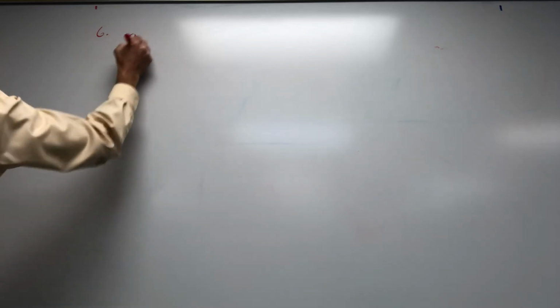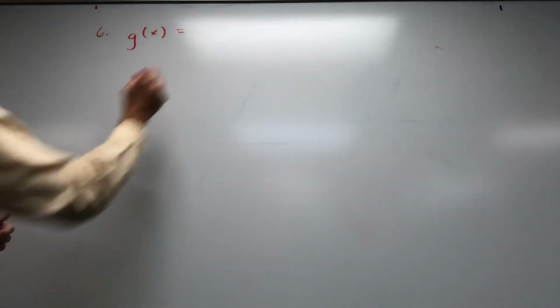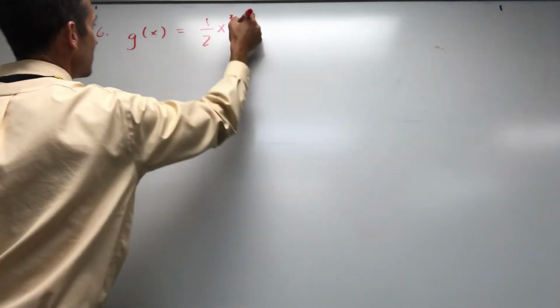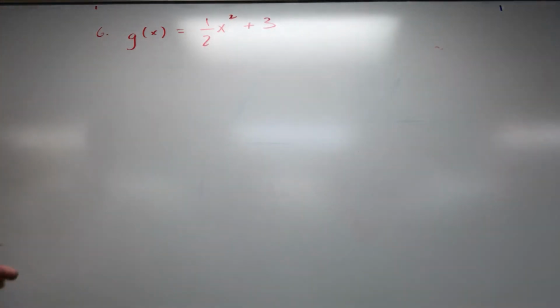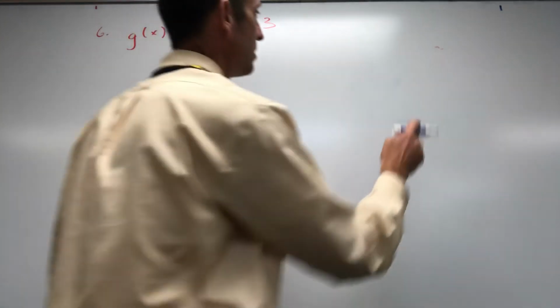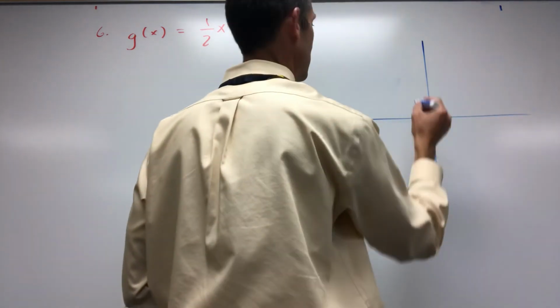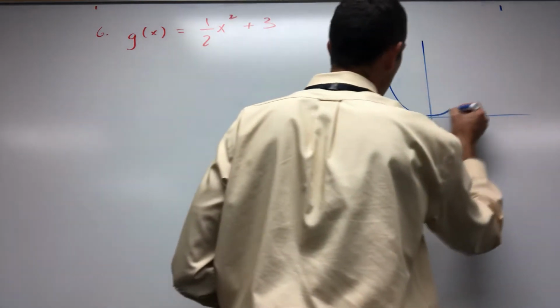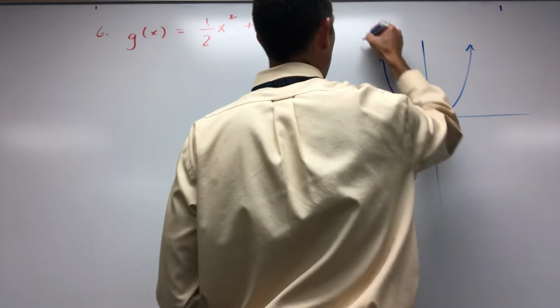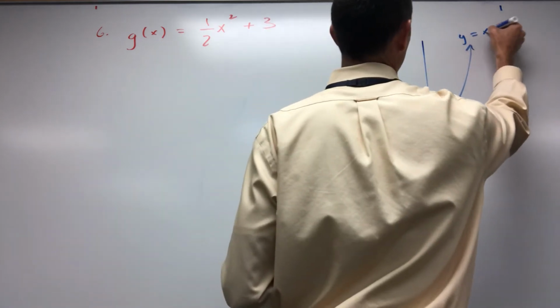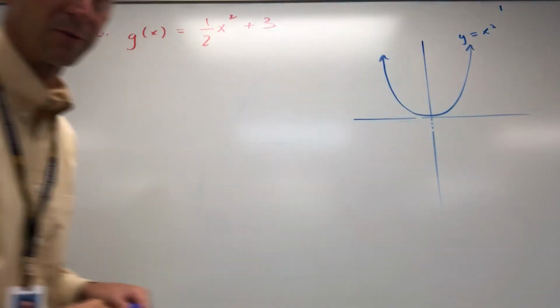That was 5, let's do 6. g of x is equal to 1/2 x squared plus 3. Okay, x squared. So we know what the parent function is going to look like. So here's y equals x squared.